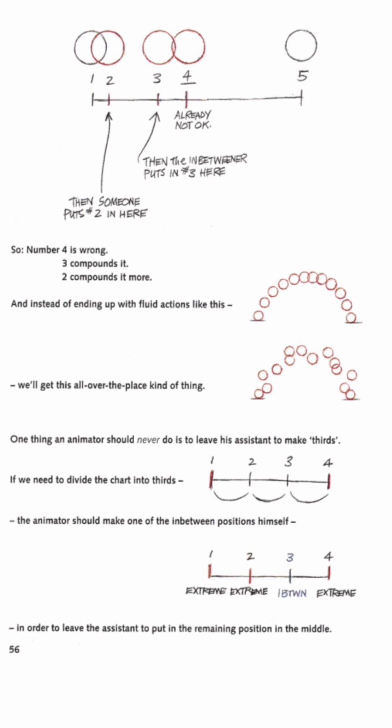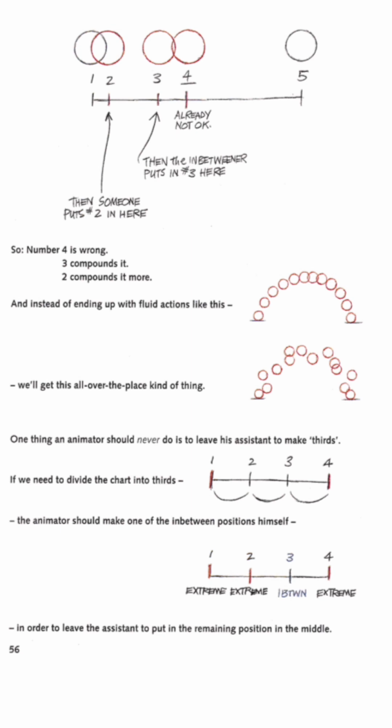Number 3 is really spaced out from number 2 and almost in the middle of number 4, which is in the middle, like I said, and number 3 and number 4 are red, which says for number 3. Then the in-betweener puts in number 3 here. Then number 4 says, already not okay. Then 5 in the other half, at the end on the right, is 5.